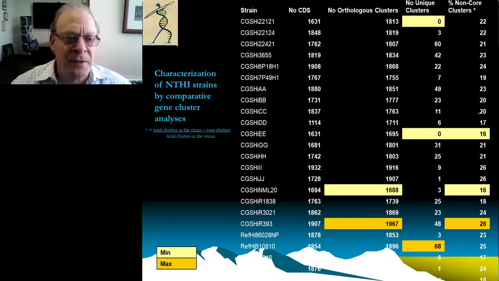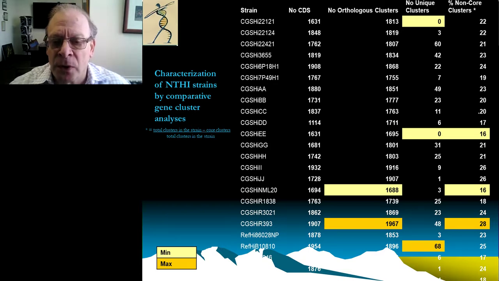What was very interesting is that when we looked at the genomes of each of these strains, we found really enormous differences in the size of the genomes. The smallest genome had only 1,688 genes, whereas the largest genome had 1,967 genes. So remember, this is the same species, but you've got one strain which has 300 more genes, out of very small genomes, than another strain does.